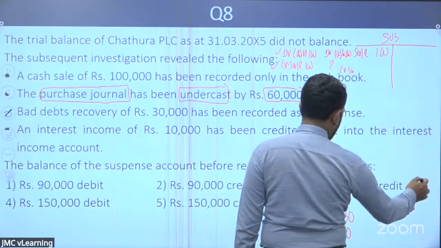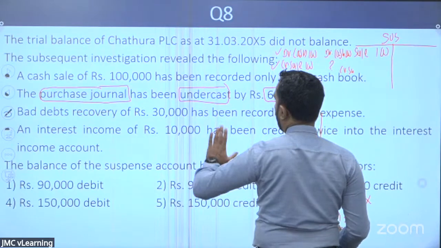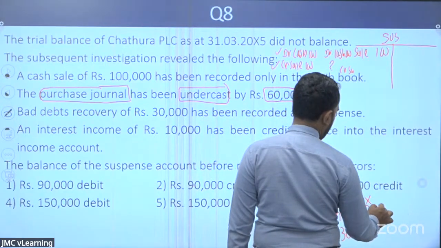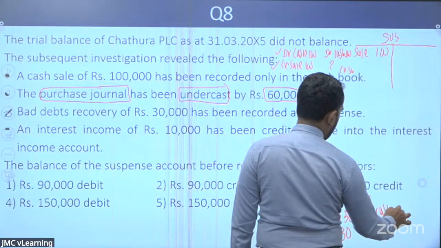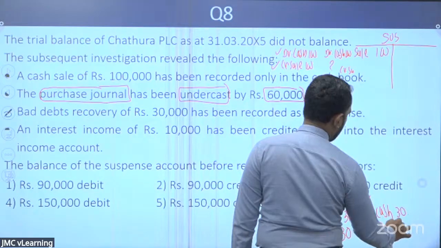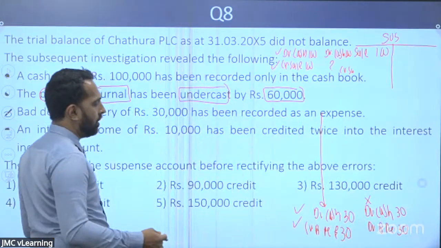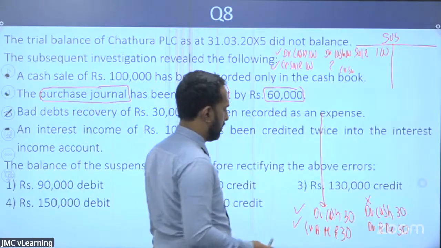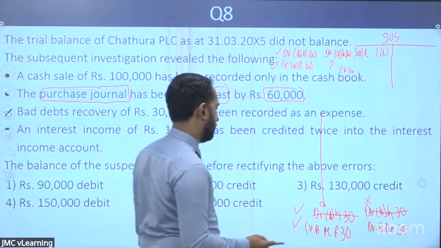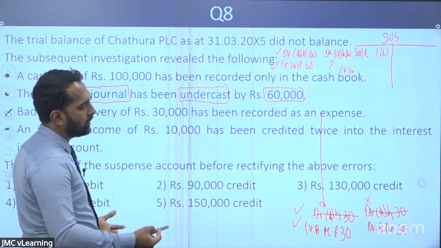What is the wrong entry they have put? Bad debt recovery 30 has been recorded as an expense. They have debited cash 30, and they have also debited the bad debt recovery 30. They have done two debits. They have wrongly treated the bad debt recovery as an expense. So you can see there's nothing wrong with the cash side. The amount to be credited, they have put as a debit.